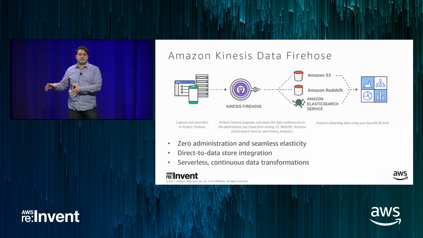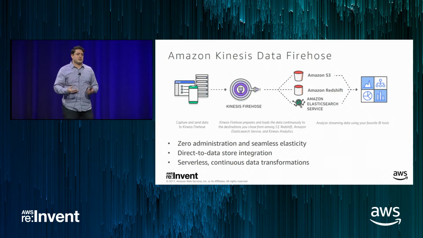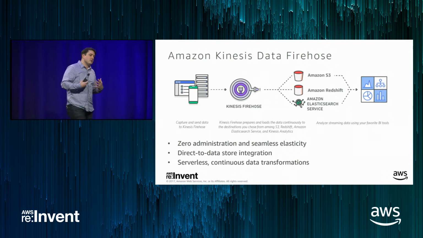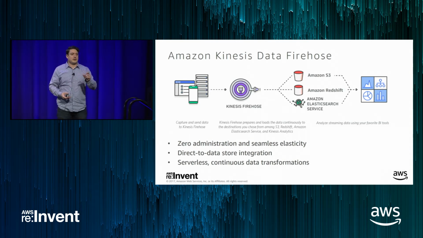And then we'll send it to Amazon S3, the Amazon Elasticsearch Service, or Amazon Redshift. The other configurations allow you to do encryption, compression, as well as some serverless ETL. You're able to configure a Lambda function as part of your pipeline to do basically streaming ETL.